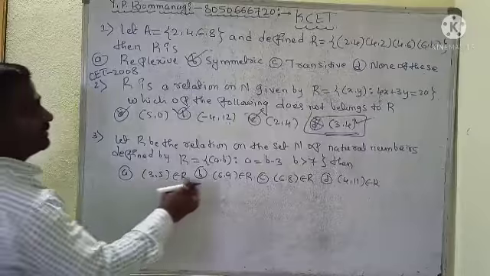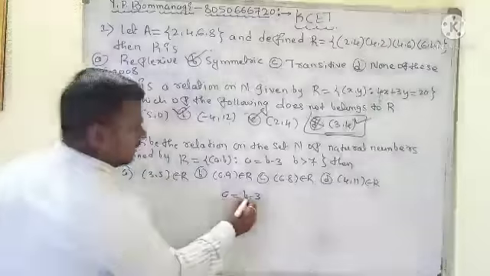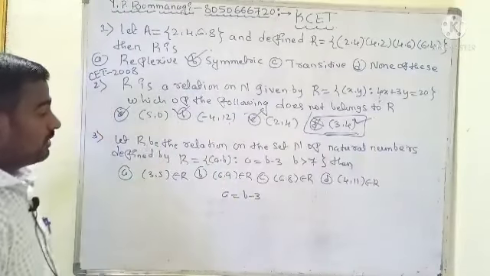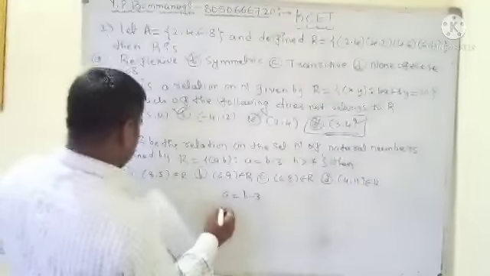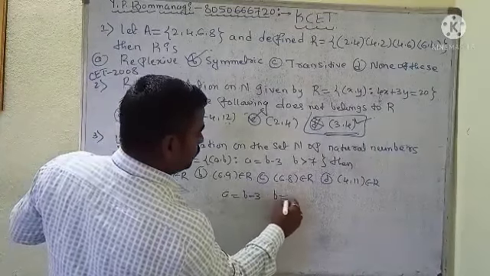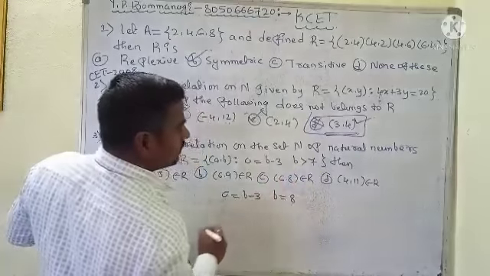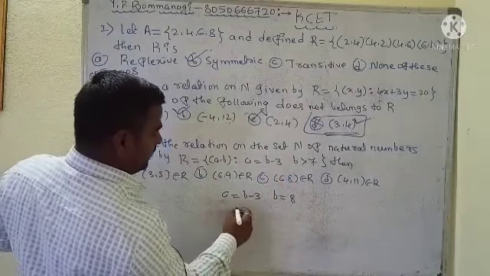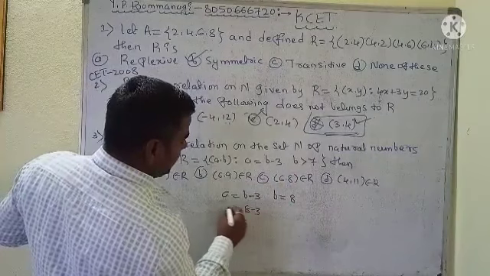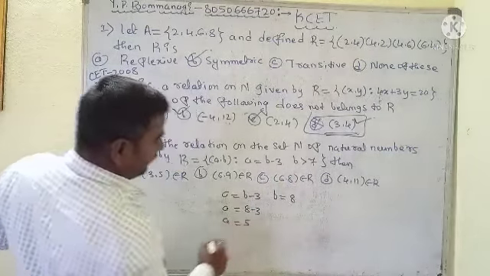Here a is equal to b minus 3. We solved like this in a previous example. We can substitute b as 8, above 7: 8 minus 3, so the value of a is 5.